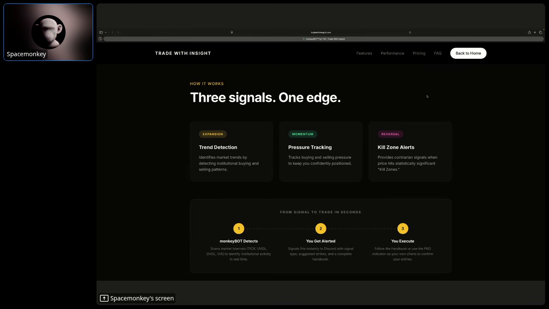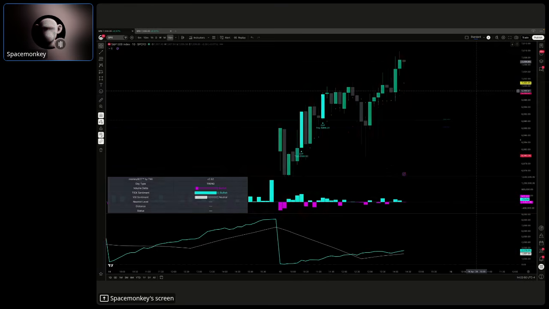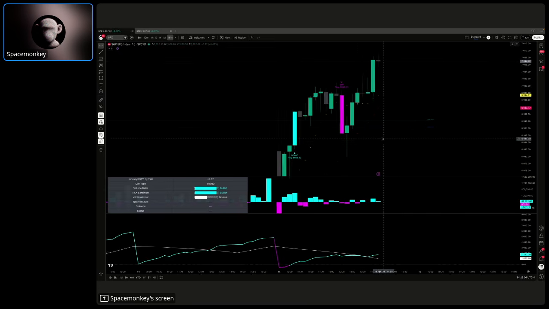You will not get the indicator in terms of being able to install it, or change to QQQ or individual names. None of that. It's a very simple signal Discord system that is based on the 15-minute monkeyBOT signals.